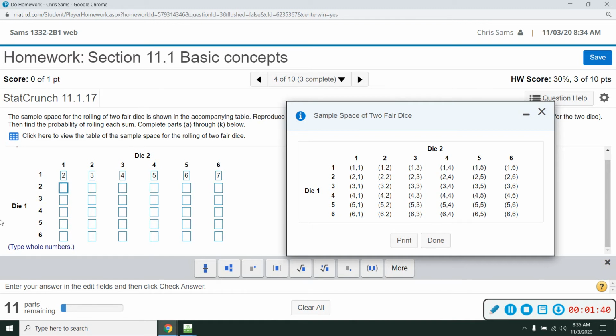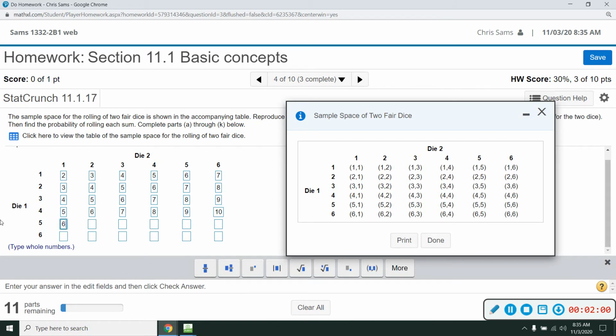All right, so I'm just going to do this really quick. 3, 4, 5, 6, 7, 8. Then we start at 4, 5, 6, 7, 8, 9. Then 5, 6, 7, 8, 9, 10.